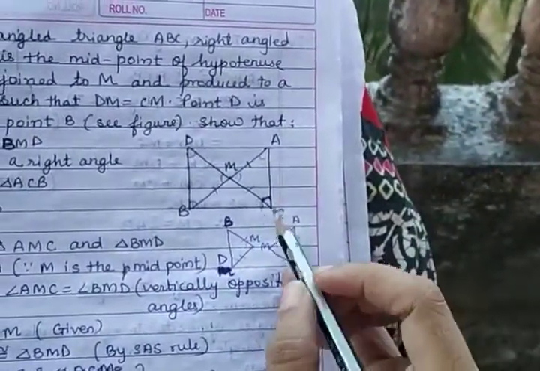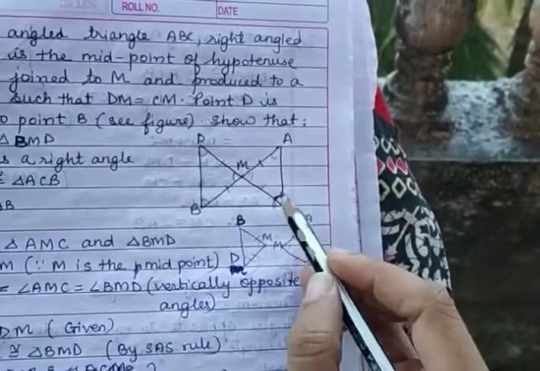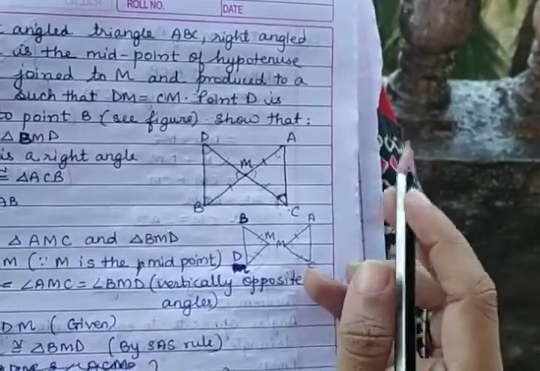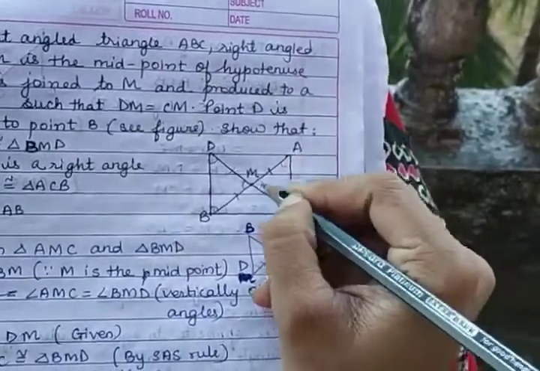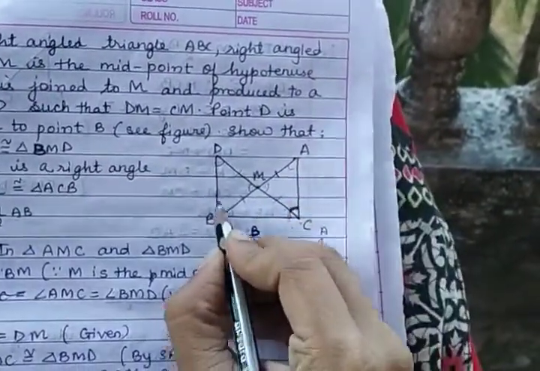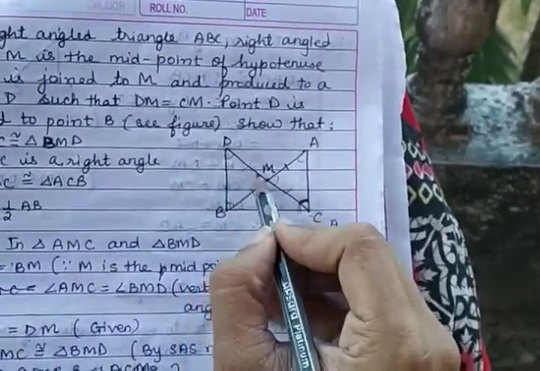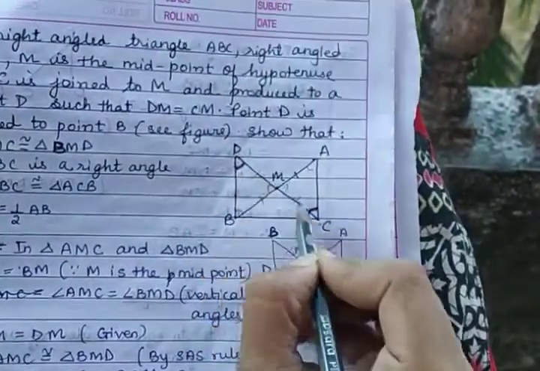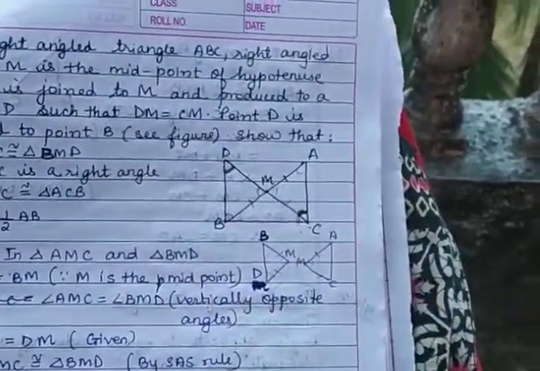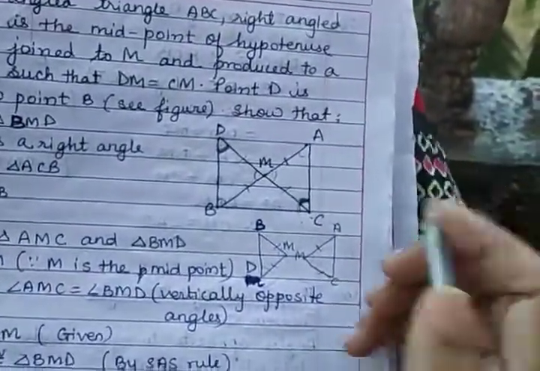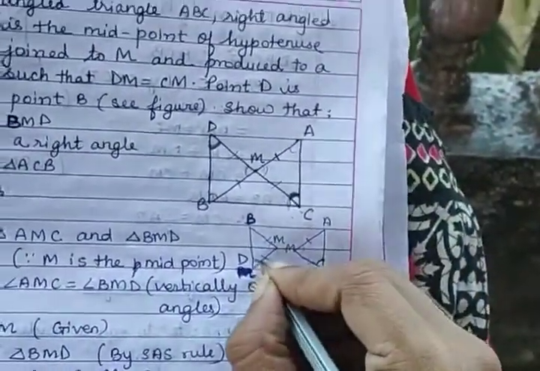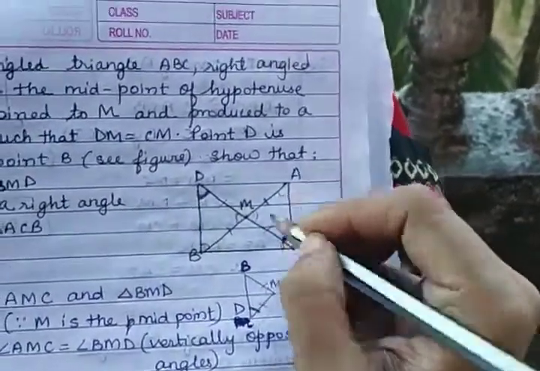Also angle ACM will be equal to angle BDM. So these two angles are equal. This is because of CPCT.